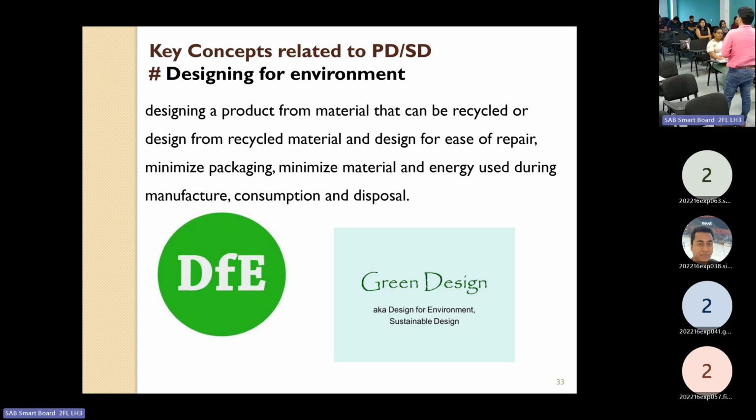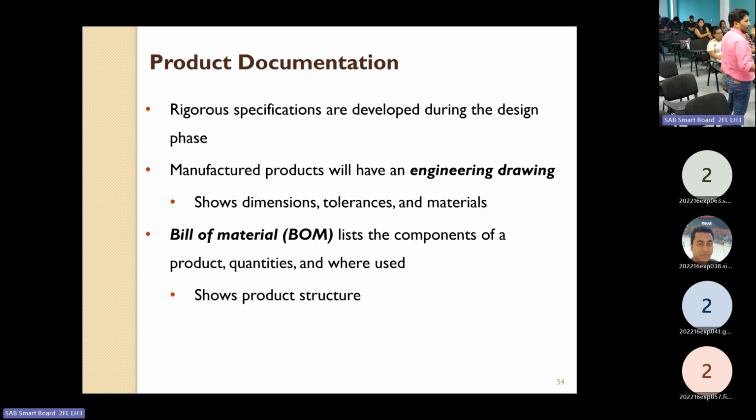As an output of the product design process, there are various different outputs, especially various different documents prepared for each product. So there are many such product design documents that are used. One such document is the engineering drawing, or another one would be the BOM, bill of materials.